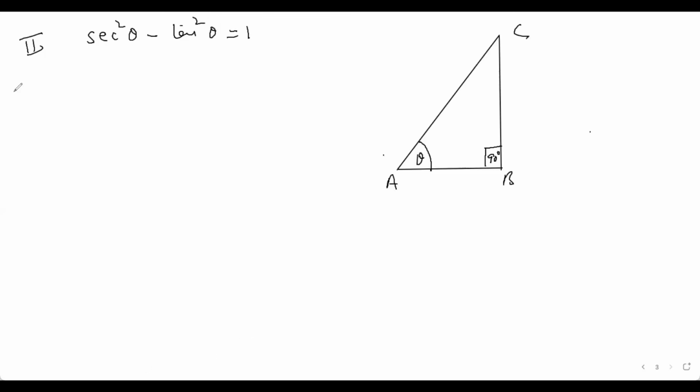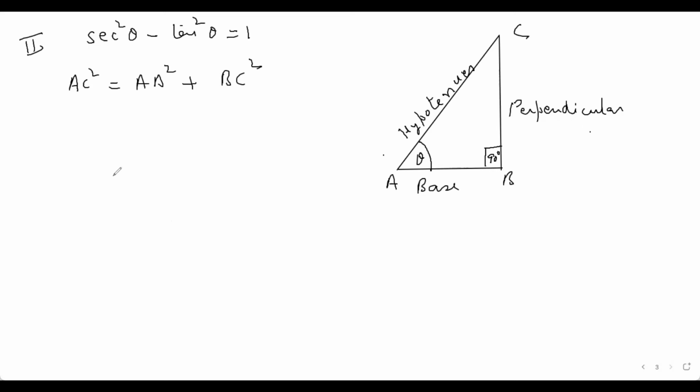Now the second identity is sec square theta minus tan square theta, that is equal to 1. So make right angle triangle here. Now apply Pythagoras. This is right angle triangle. So AC square is equal to AB square plus BC square.